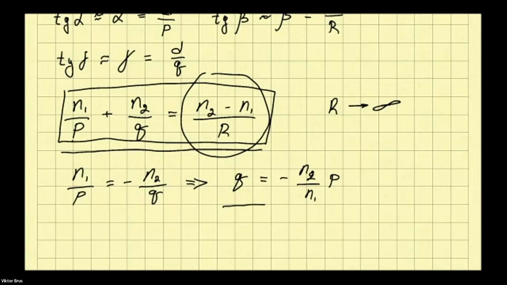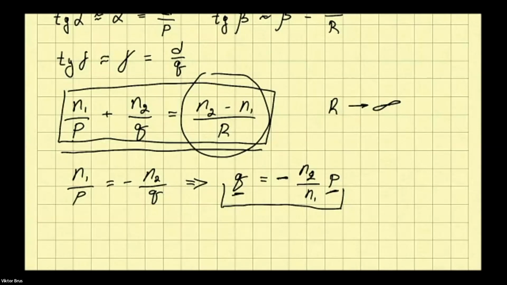So this equation here, which tells the relationship between the distance of the image as a function of the distance of the object and the refractive indexes of two mediums, n2 divided by n1, has this minus here, which means that for a flat interface between two transparent media, we will always get the image of the object on the same side as the object position itself.